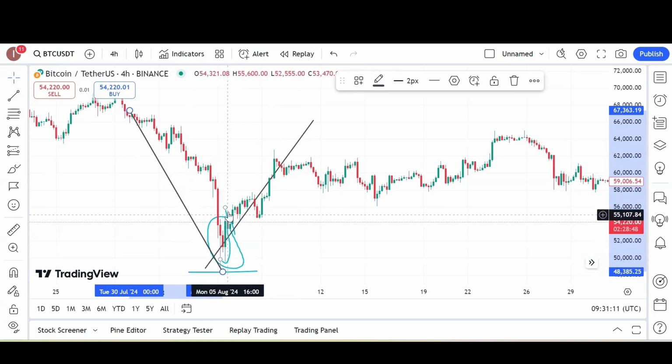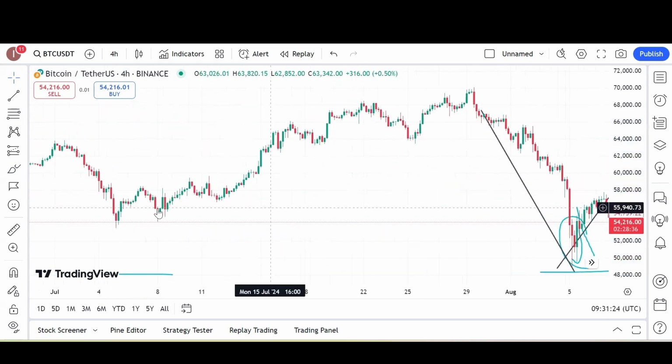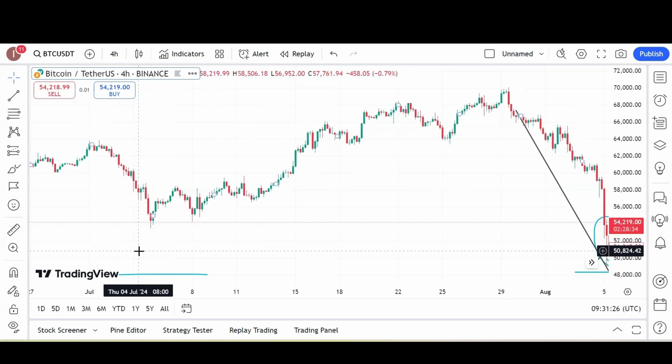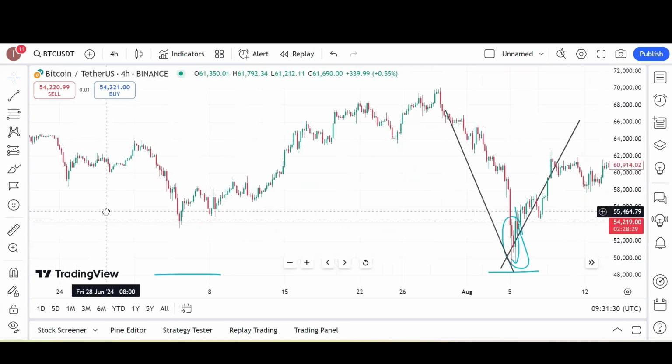The key requirement of this candle is that the market must be in a downtrend, and it is a trend reversal. Okay, now we go to the next candlestick pattern.